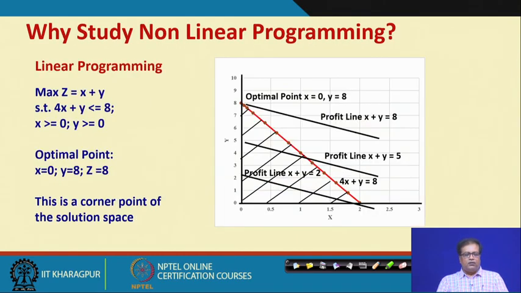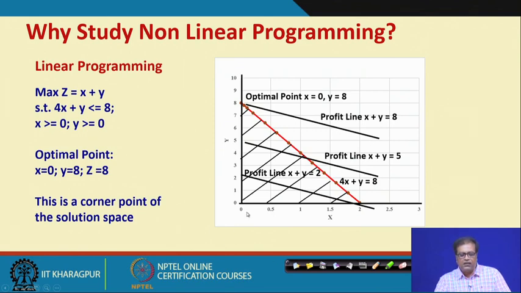Having known this, let us look at another very vital thing about linear programming. Let us take a very simple problem. Maximize z equal to x plus y subject to 4x plus y less than or equal to 8, x and y both greater than or equal to 0. What have we done here? We have drawn the line 4x plus y equal to 8, and this side is 4x plus y less than or equal to 8, and we have a solution space given by this, and the profit line, which is x plus y.